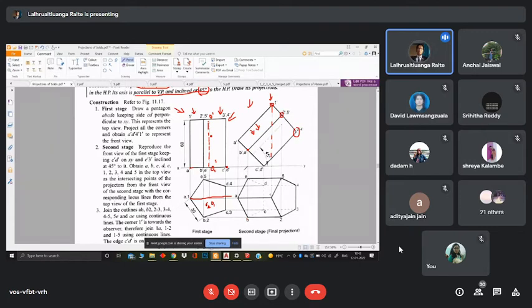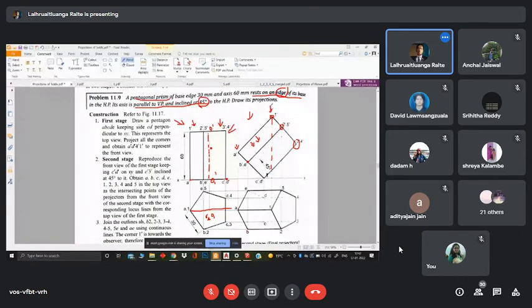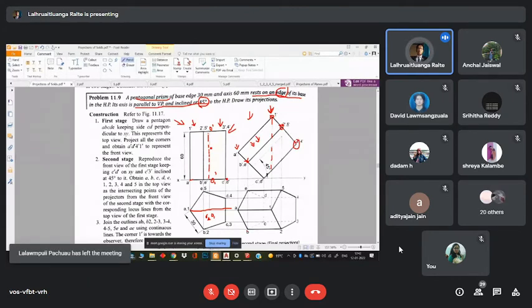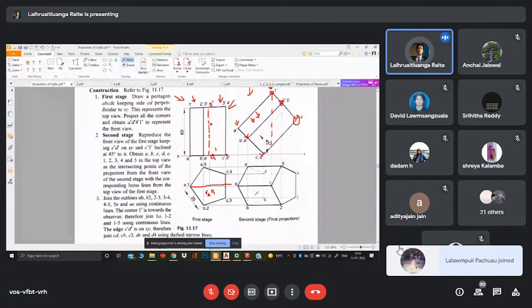Okay, so in the front view, as this is the front view, we are looking at the side, we are not looking at the profile. So all of these are visible, right? All of these are visible. So that means that when we project it on the top view, this part is also visible.